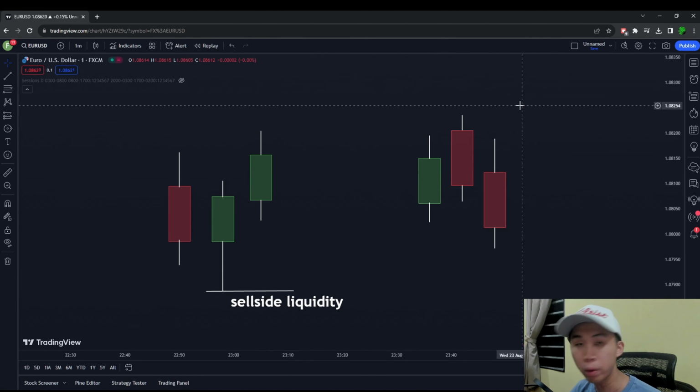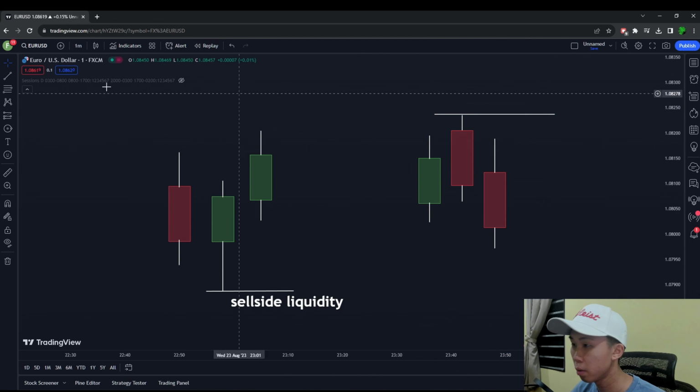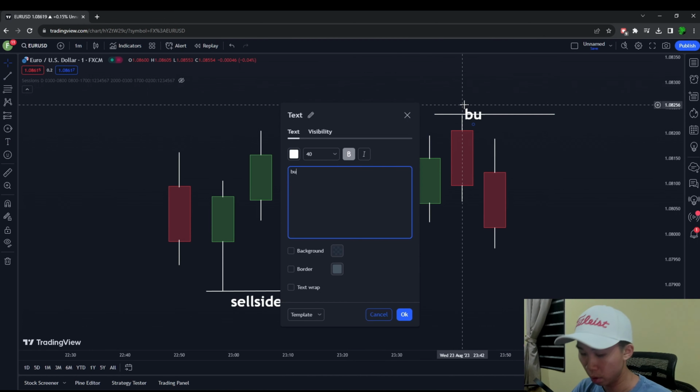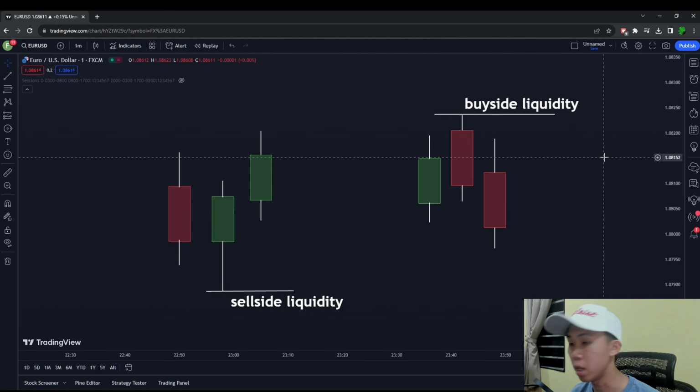And this point was the swing high, and a swing high we identify as buy-side liquidity. So it is that simple. Swing low means sell-side liquidity, swing high means buy-side liquidity.